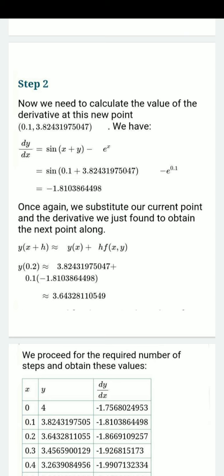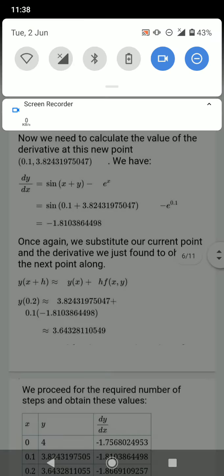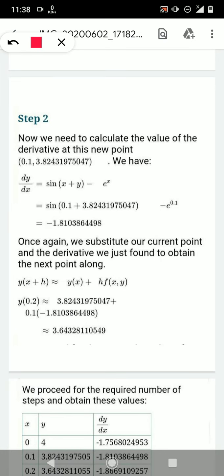Instead of x we replace x1, where x1 is equal to 0.1, and y1 is the corresponding value.